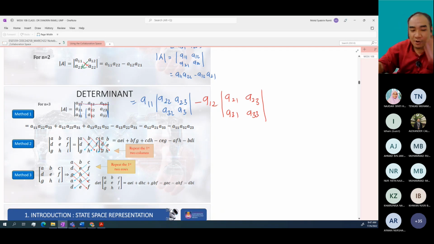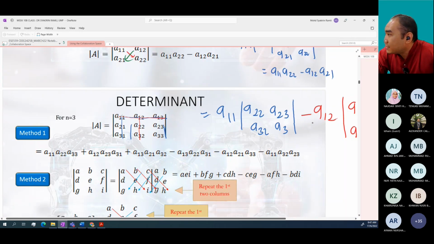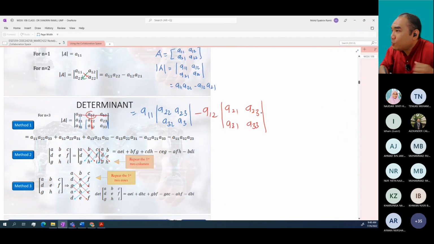You can imagine that kita tutup yang ini, kan tutup yang ini, yang ambil matrix ni. Minus with, tutup A12, we got A12, kita ambil yang ini. Dan kita tutup yang ini, kita tutup yang ini. So we got A21, kamu akan ada A21, A23, A31 dan juga A33.